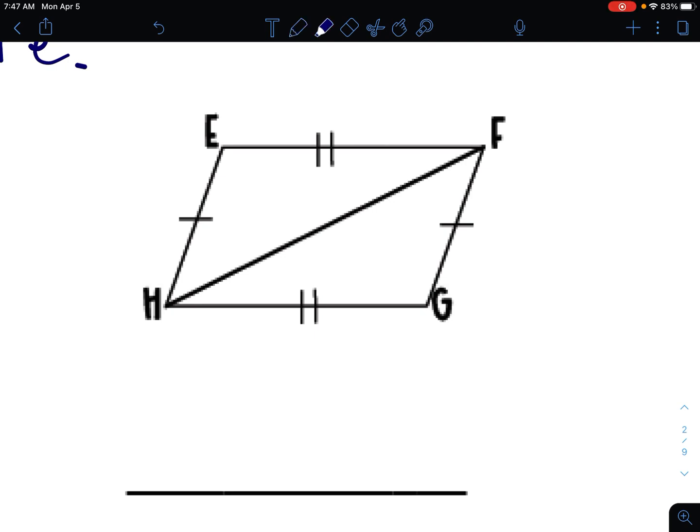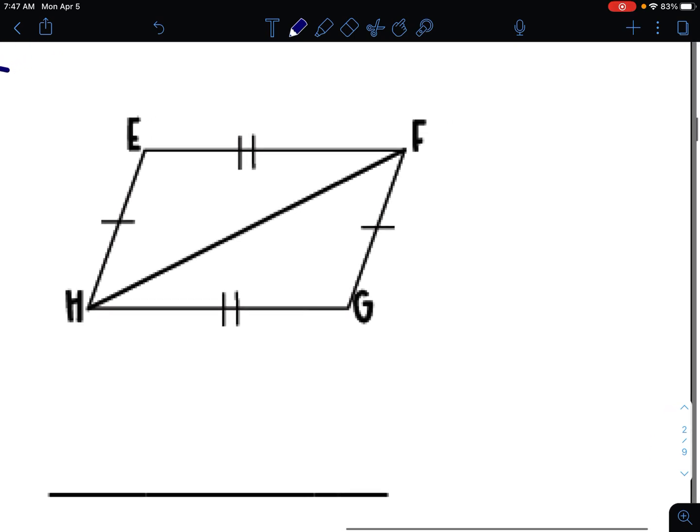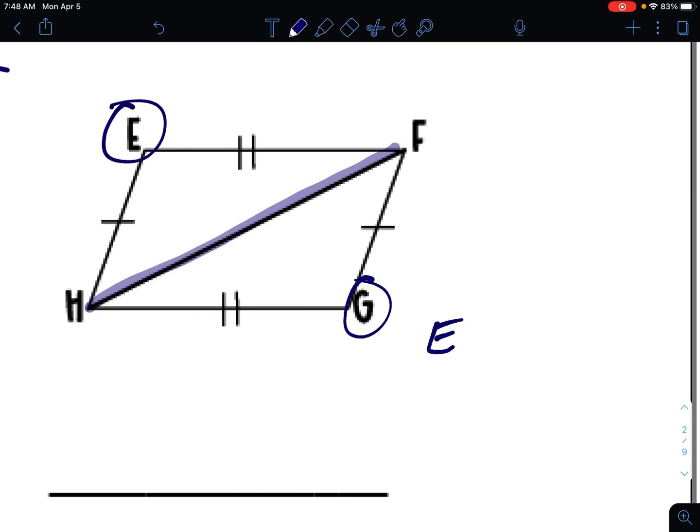This is where we got to be careful. Now we got to match up, going through what we talked about, congruent sides. If we were going to write the congruency statement, what angles goes with what angles? So I would start with, first off, the reflexive side is this guy right here. Okay? Now, E of this triangle goes with G of this triangle.